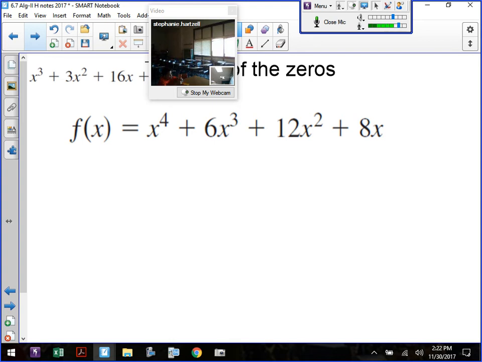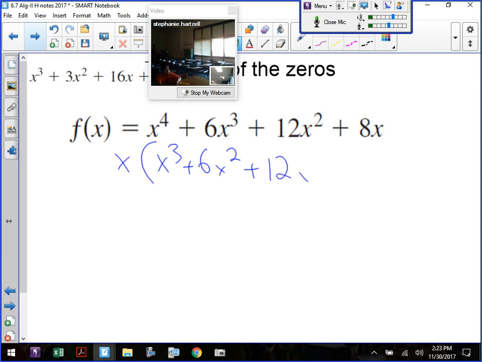Now, that means you have a 0 at 0, which means that you have another set of terms, correct? So if I take an x out, I'm left with x cubed, 6x squared, 12x, and an 8. So I know I have a term of 0 that comes out that generates a 0 at 0.